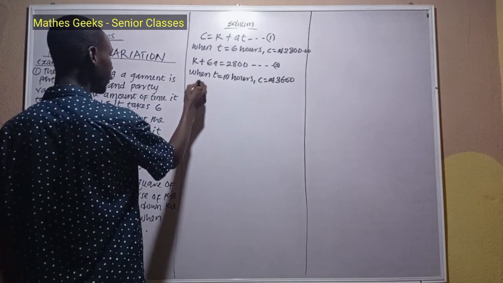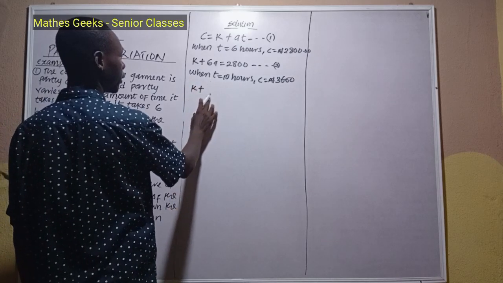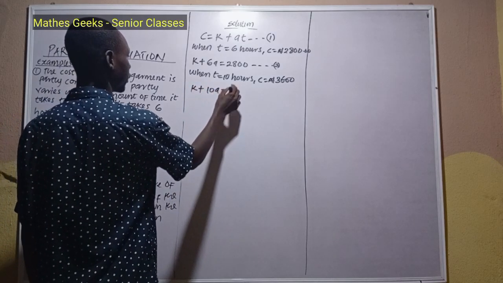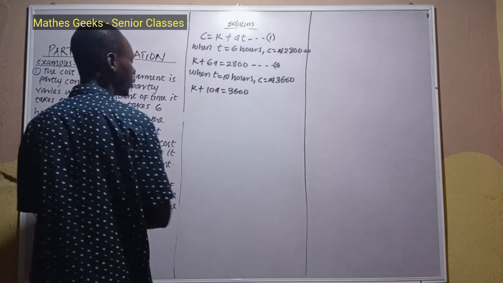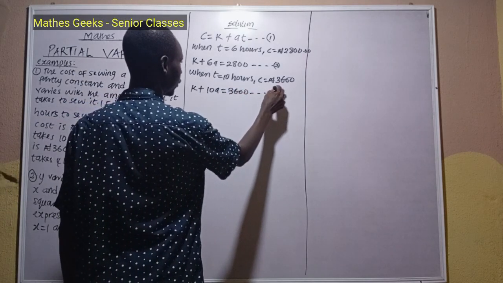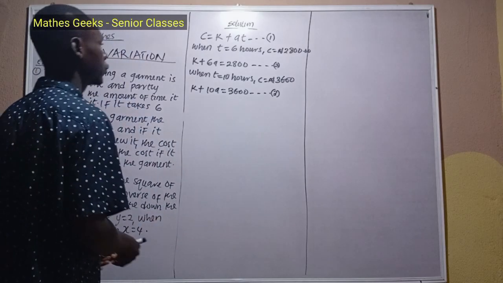So k plus 10a is equal to 3,600, equation 3.